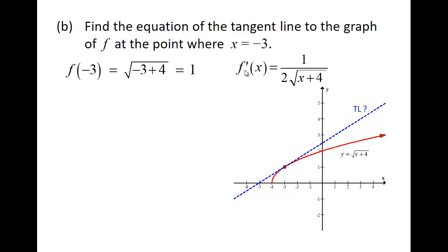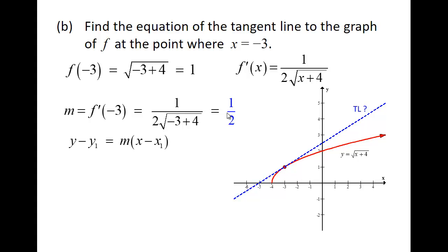And so the derivative is this. So the slope would be f prime of negative 3, and f prime is this, so f prime of negative 3 would be 1 over 2 times the root of negative 3 plus 4, which is half. So the slope of the tangent line at this point is half.